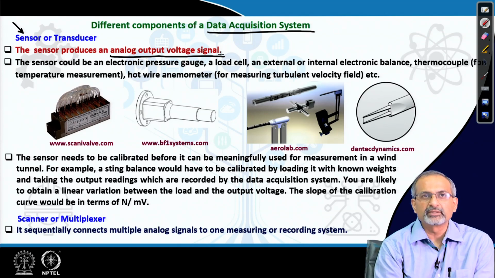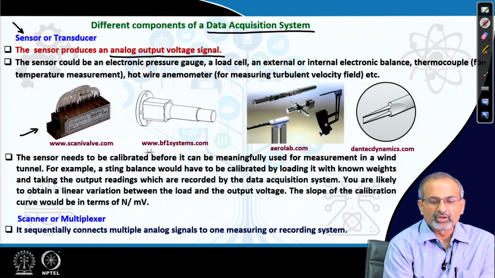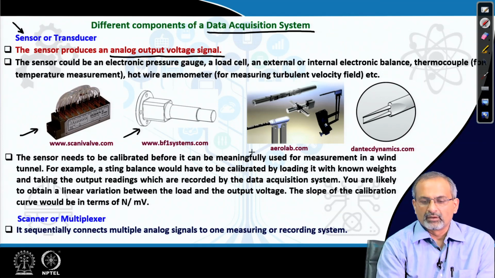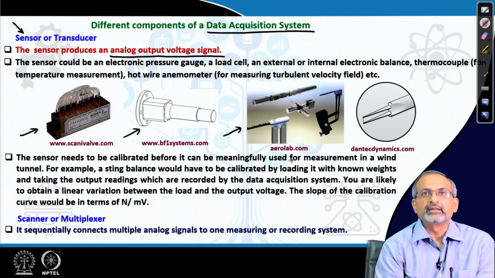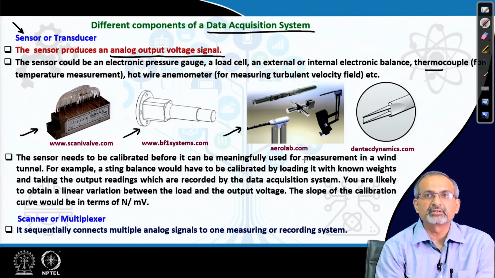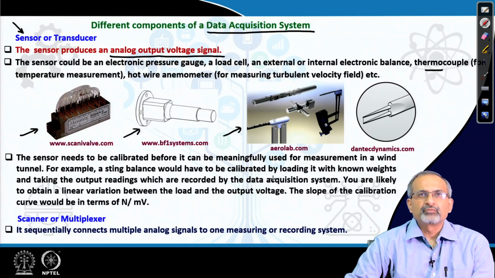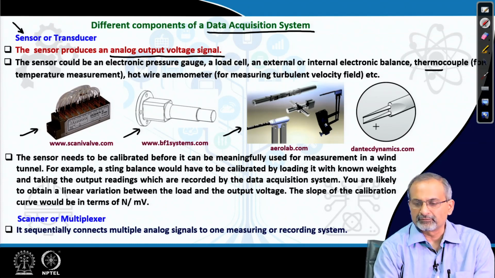In aerospace applications there could be different kinds of gauges: typically an electronic pressure gauge, a load cell, external or internal electronic balances, thermocouples where we are interested in temperature measurement, so flows where thermal effects are important, and hot wire anemometers where we are measuring a turbulent velocity field with hot wire probes.